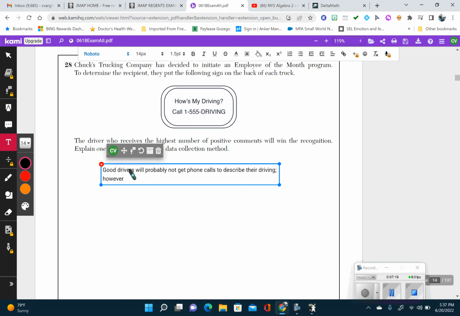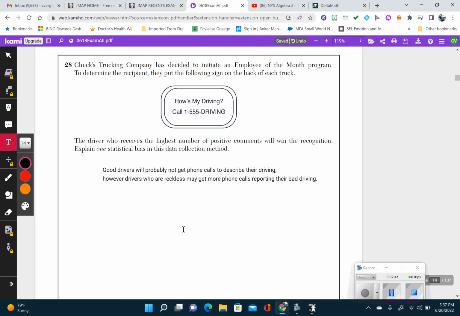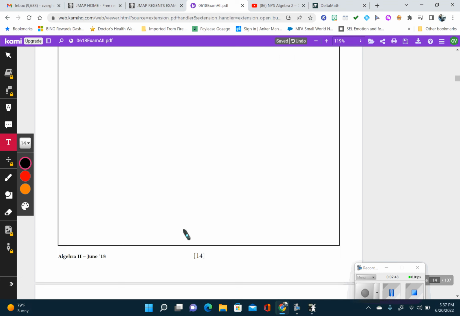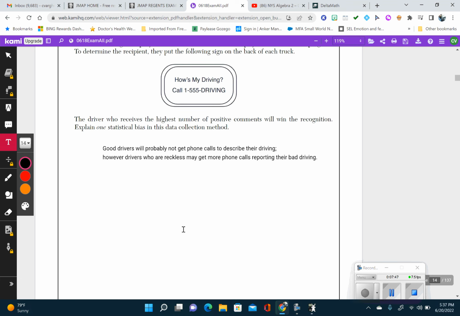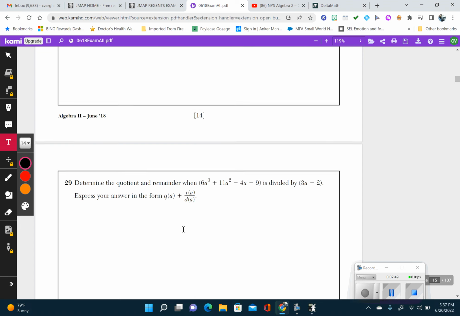However, drivers who are reckless may get more phone calls reporting their bad driving. All right, so that could be a bias. So that is a bias in the data collection. Okay. There's a bunch, like people who are bored might be more likely to call. That's another bias. But yeah, you could just say that.